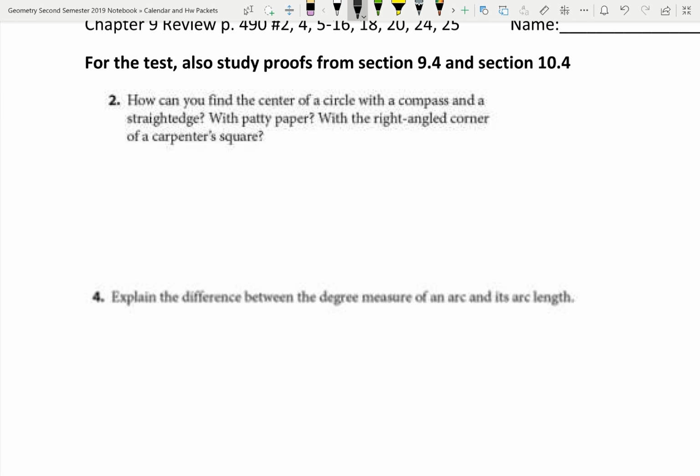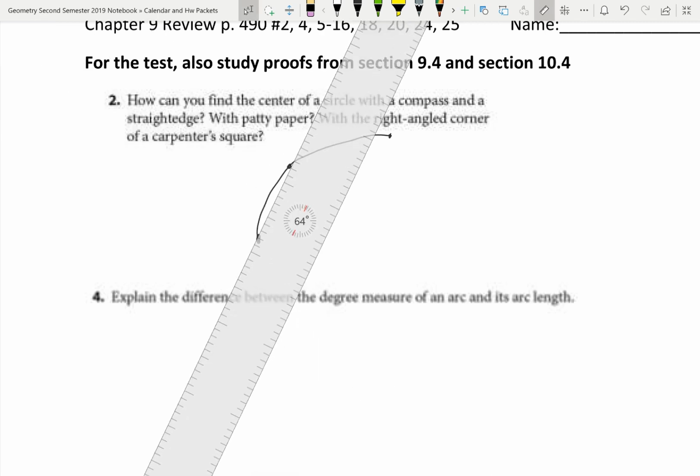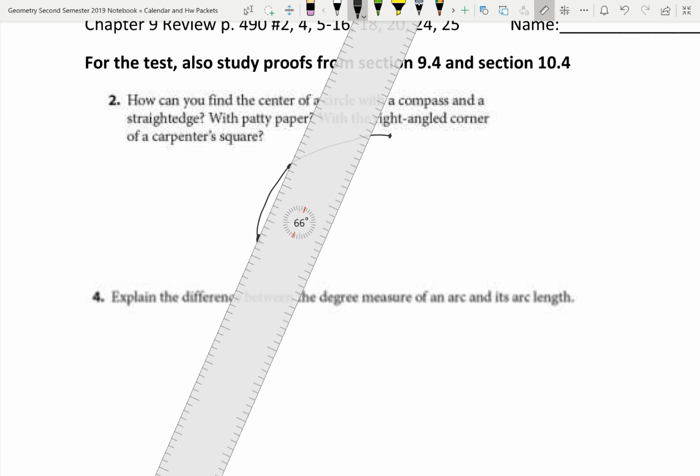And this was the question we had on the quiz, 9.1 and 9.2. I think one of the versions of the quiz had an arc, another version just had 3 points. And if you had an arc that went through all those 3 points, how would you locate the center? You had to draw two non-parallel chords anywhere on the arc.